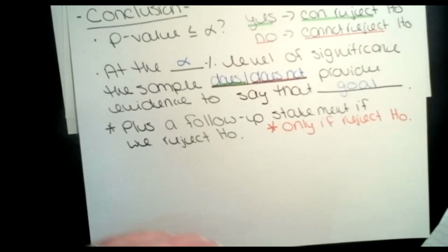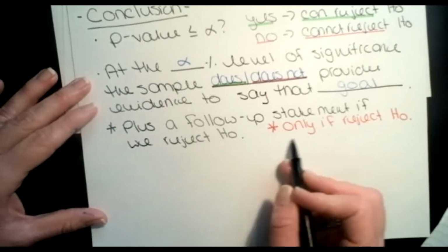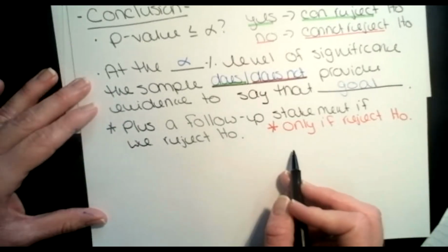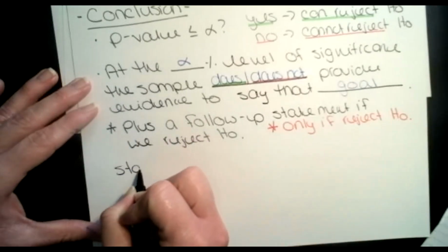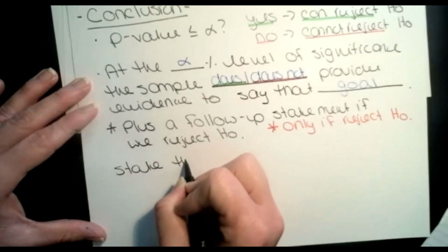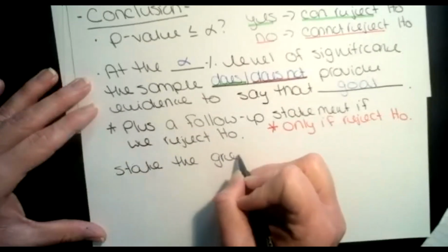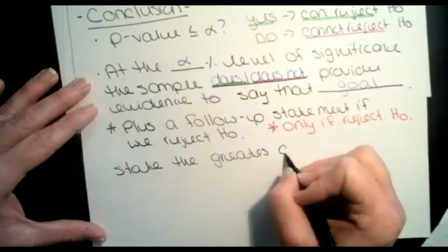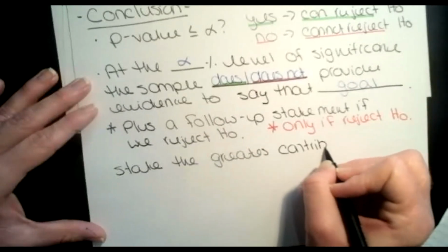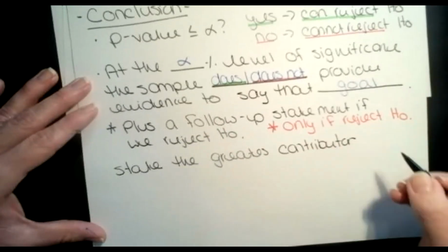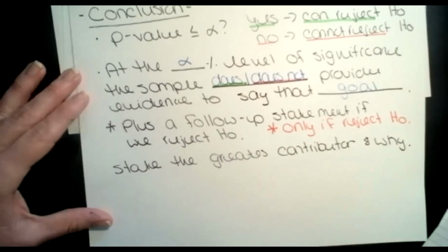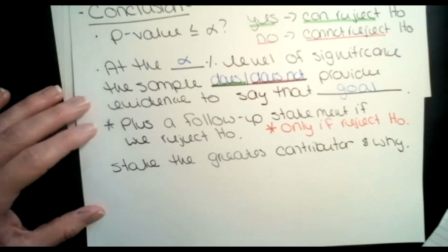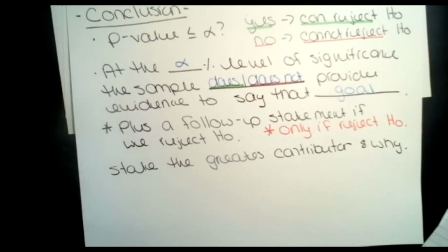So, only when we reject the null, the follow-up statement, we just want to state what we call the greatest contributor, and why. So when I say state the greatest contributor, you're going to see which one is furthest from what we thought.